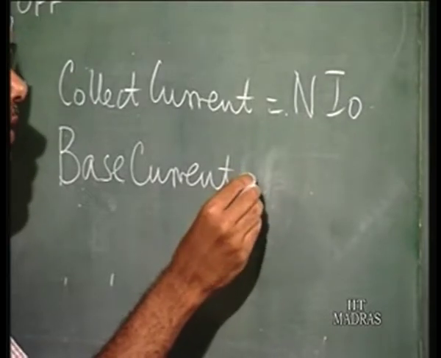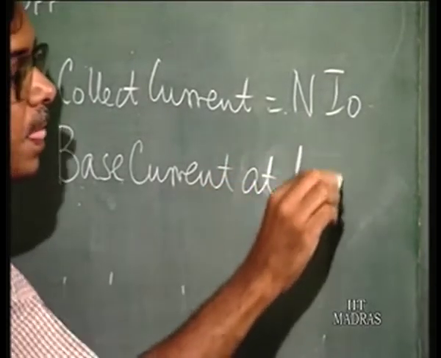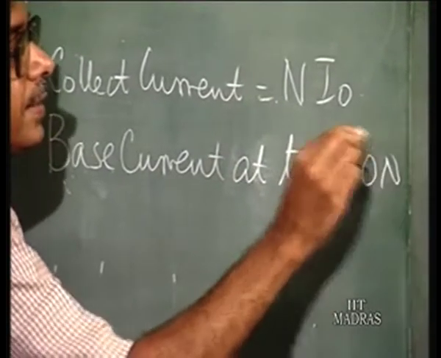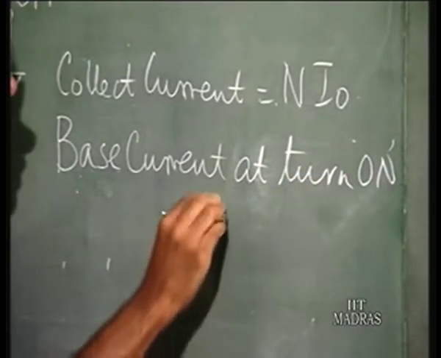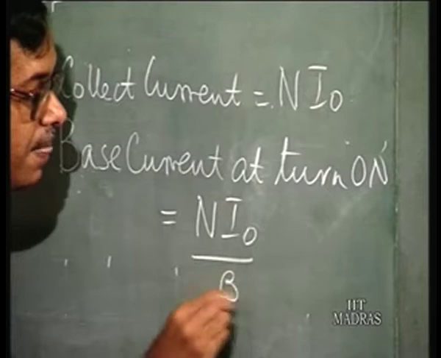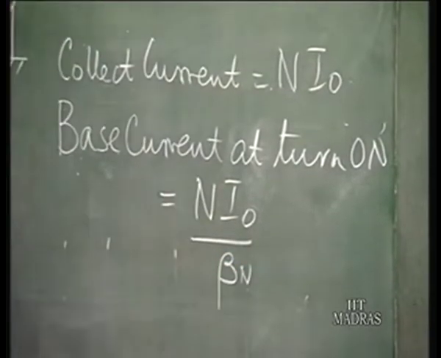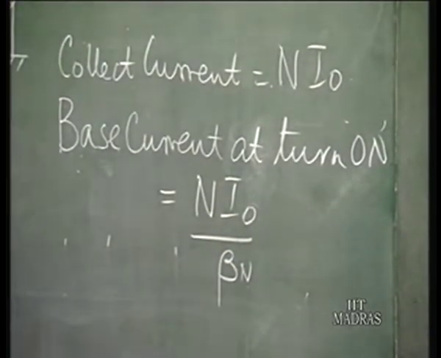So the base current at turn on is n I naught by beta, where beta is beta n of the NPN transistor.